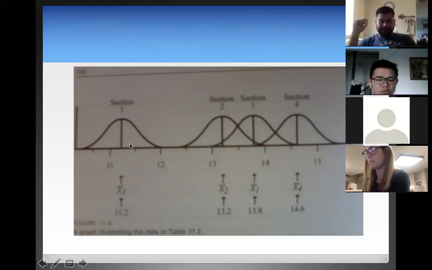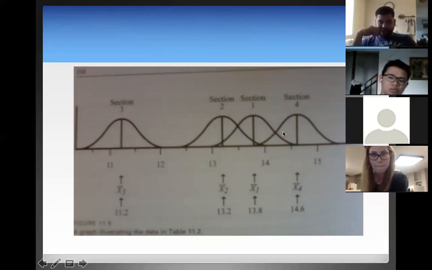So, for example, for this example here, we'd have section 1, 2, 3, 4. When we did the ANOVA, we would get a significant F-test, which would tell us the ANOVA is statistically significant and would tell us somewhere there's a significant difference. We don't know yet where. But then in the second phase, we would actually go and compare.